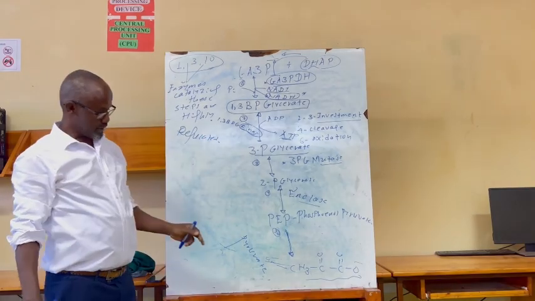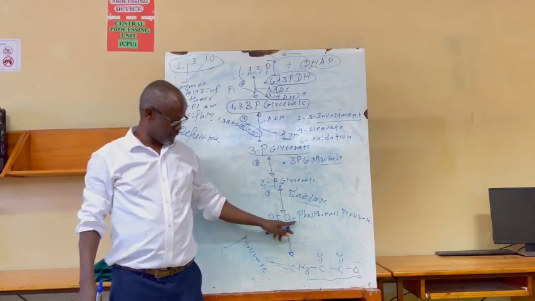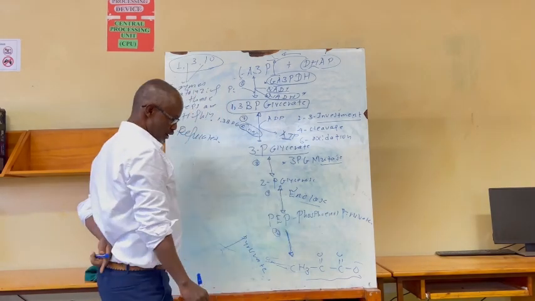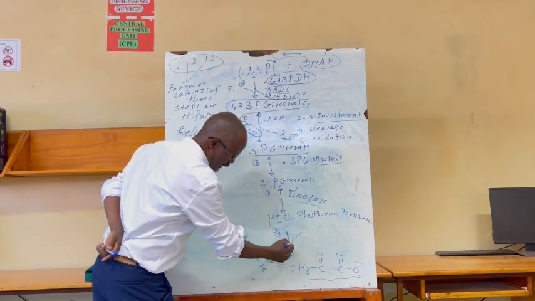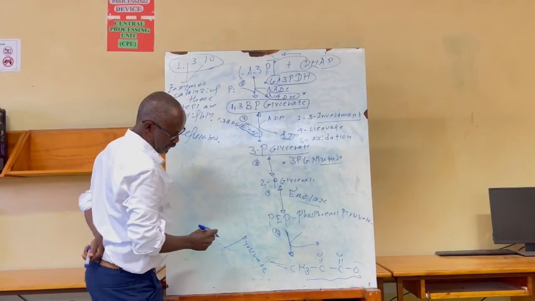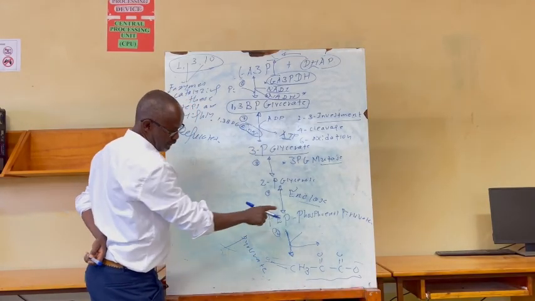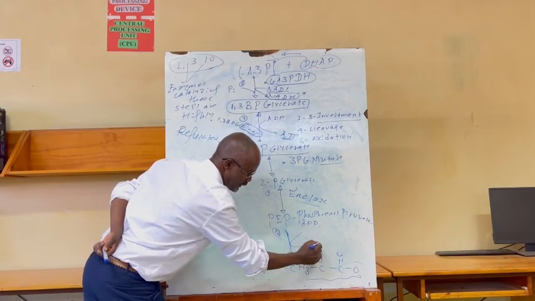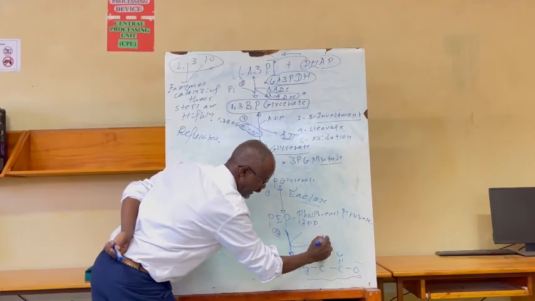Then let's see what happens here. This is a high energy molecule, phosphoenolpyruvate. Therefore, the high energy molecule is converted by giving its high energy phosphate to ADP, converted into ATP.